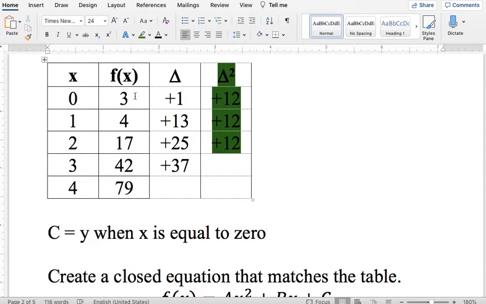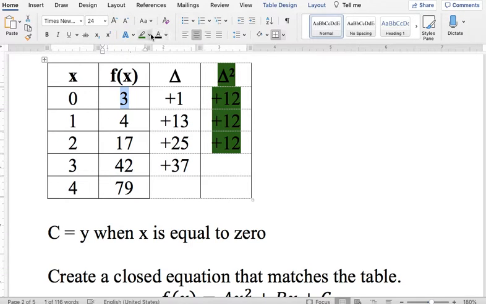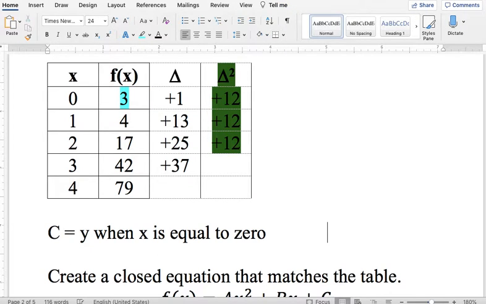In other words, it is this number right here. So your c is, when x is 0, what is your y? In this case, my c is equal to 3.